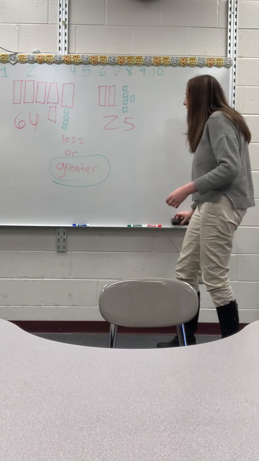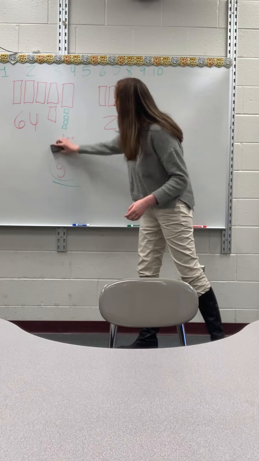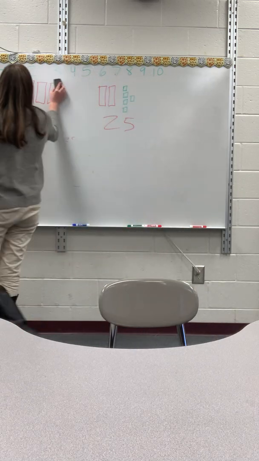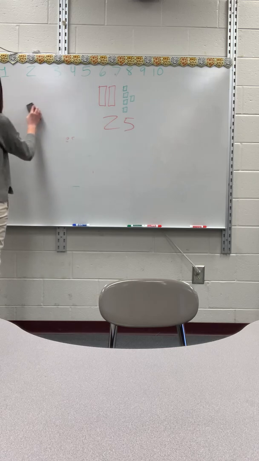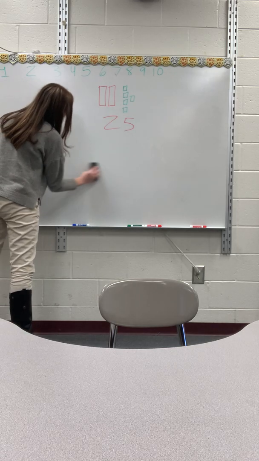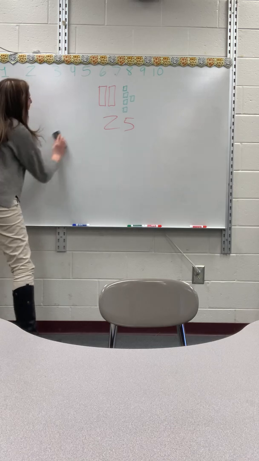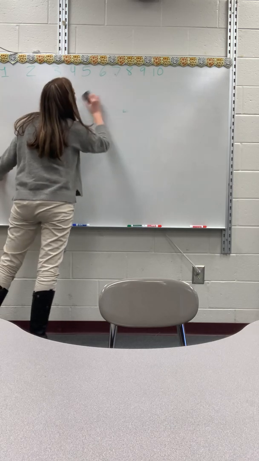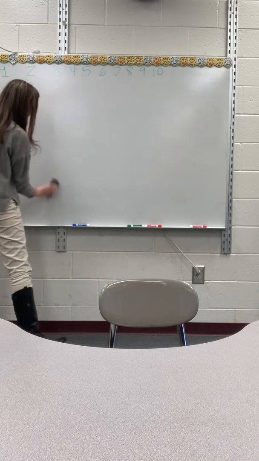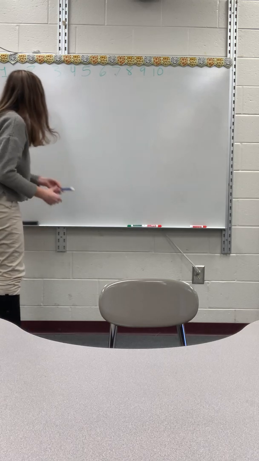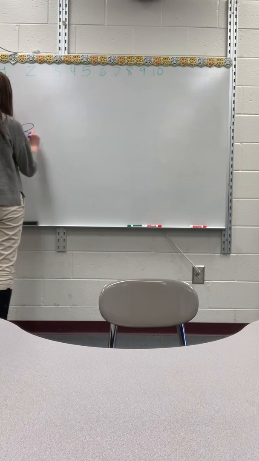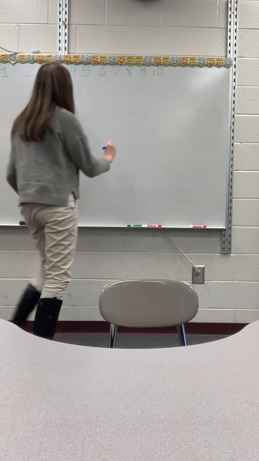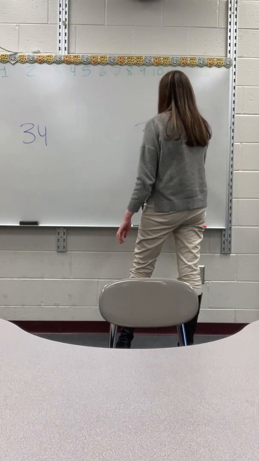So I'm going to erase this. I'm going to give you guys new numbers to compare and contrast with. Okay, after I'm done erasing, we are going to look at the numbers 34 and 37.